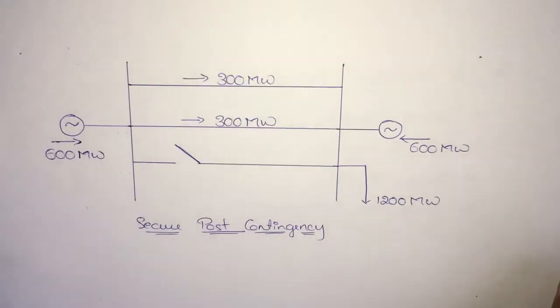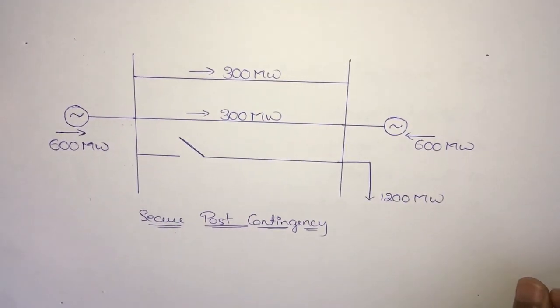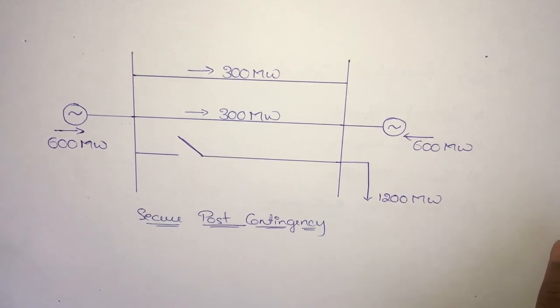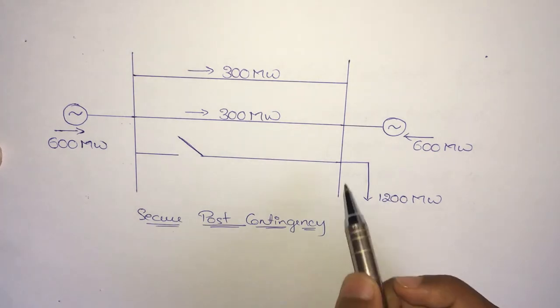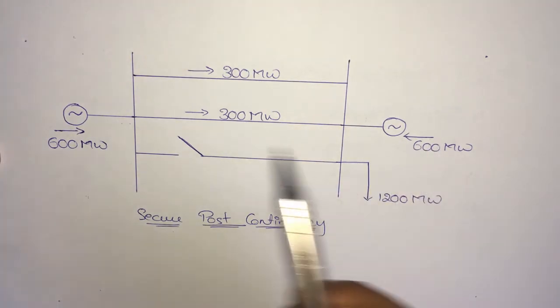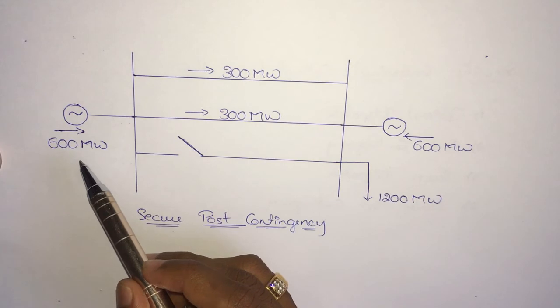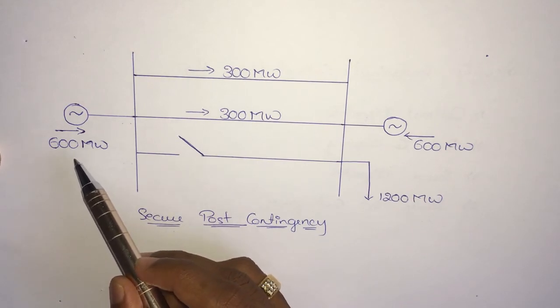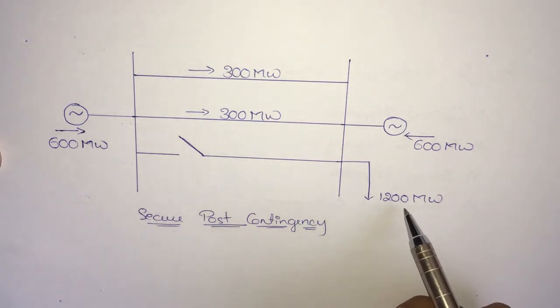And our last state is secure post contingency. We have secured the system in the previous state. What if the contingency occurs even after the system is secured? This is called a secure post contingency. Here we can see 600 megawatt, 600 megawatt, which is the state of a secure dispatch. The load is 1200 megawatt.